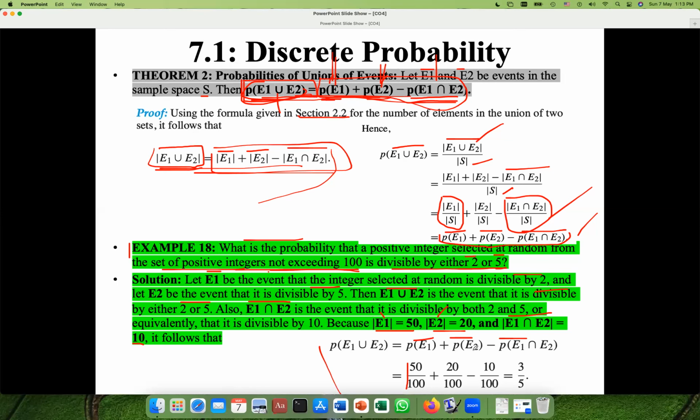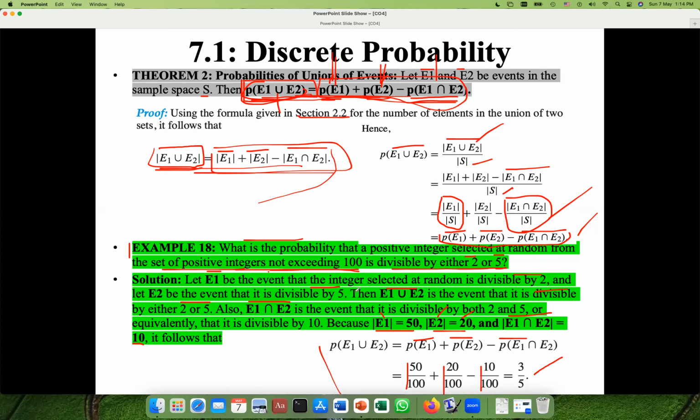Similarly, probability of E2. What is the number for E2? 20, so 20 divided by 100. And similarly, the intersection, 10 by 100. After evaluation, you will have 3 divided by 5.